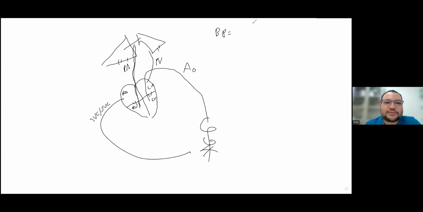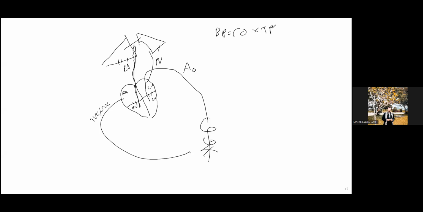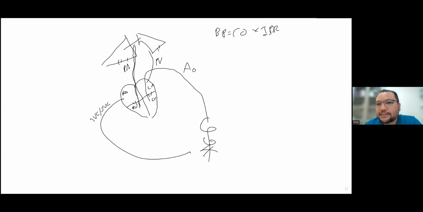Come on. I can't hear, louder please. Cardiac output, yes. So cardiac output times total peripheral resistance.